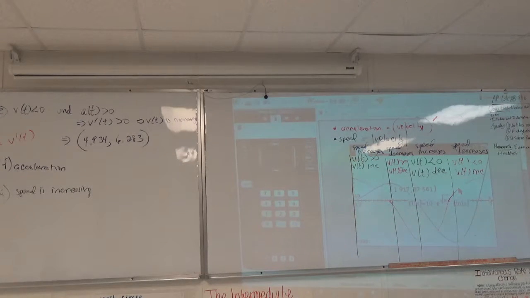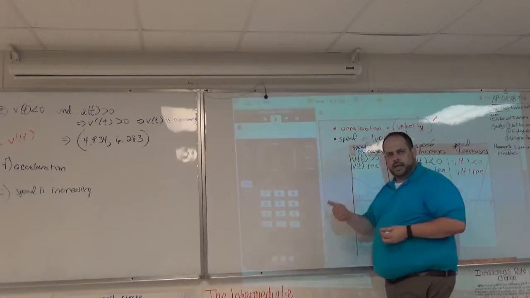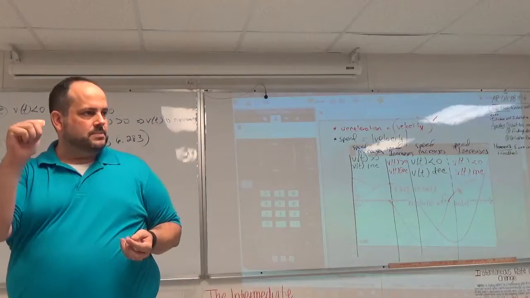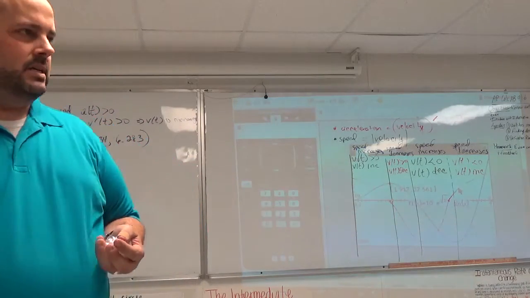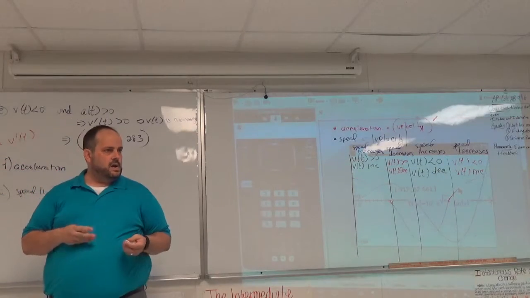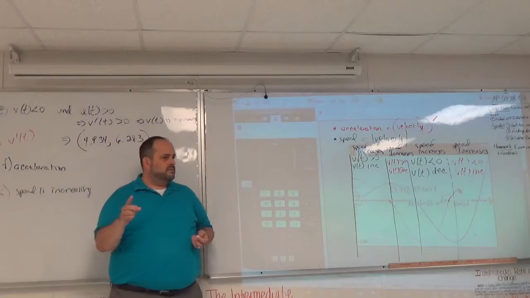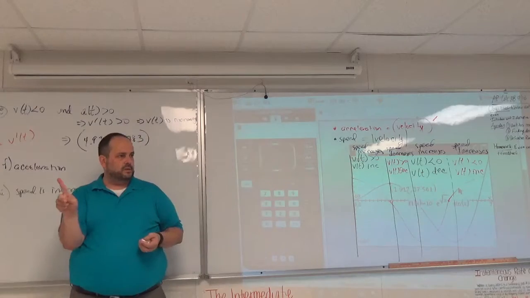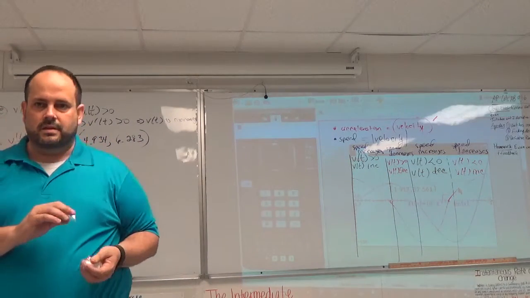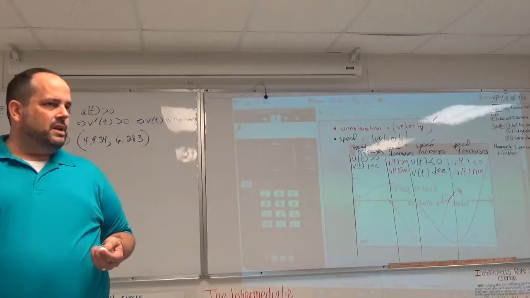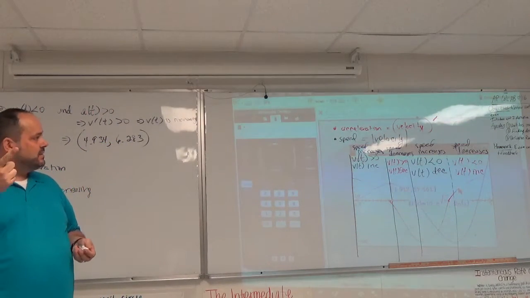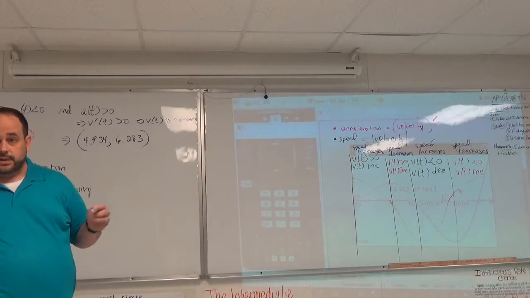Let's get some hands on this. Stephen, what do you know? Speed decreases. If velocity is positive and decreasing, speed decreases.